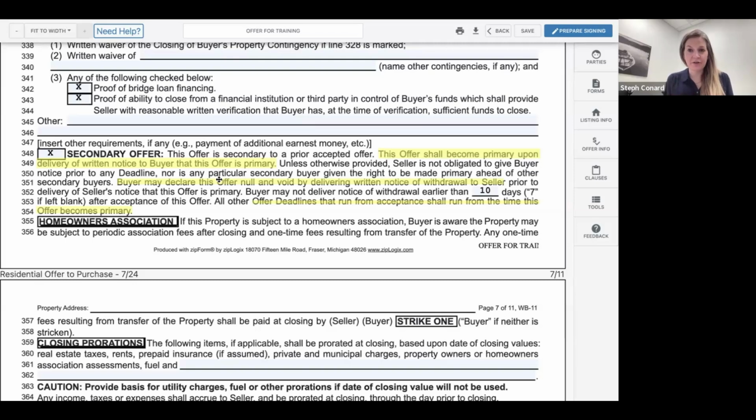That's when the deadline for earnest money comes in, when the deadline for the inspection contingency is calculated, same with the financing contingency and the appraisal contingency. So there really is no commitment from the buyer, in the sense that they don't have to submit that earnest money, for example, until they are put into the primary position.